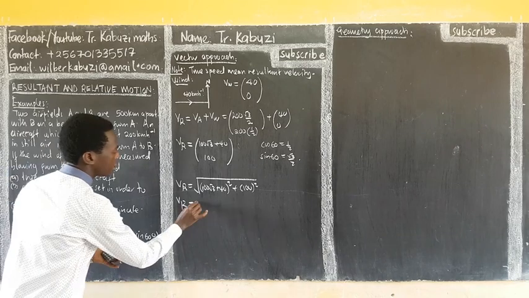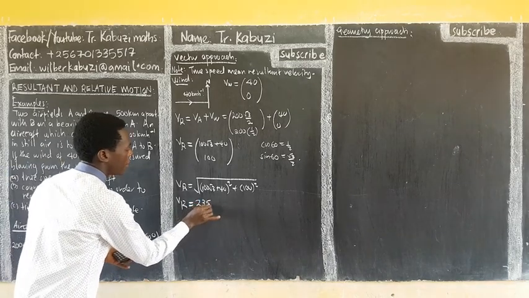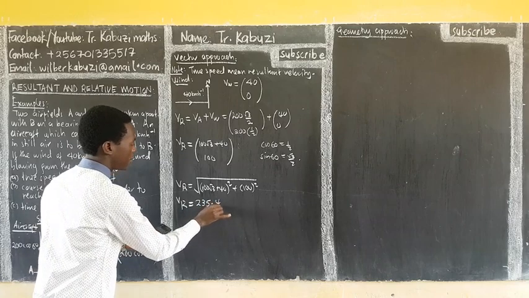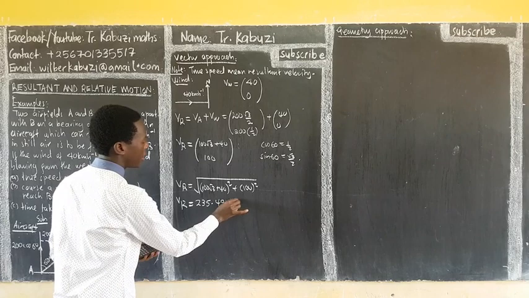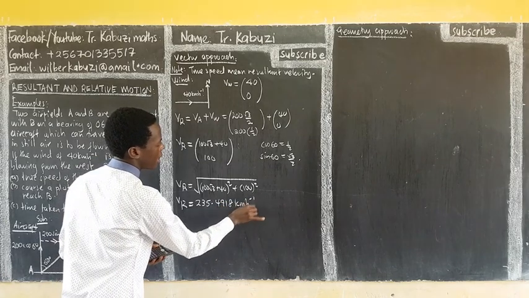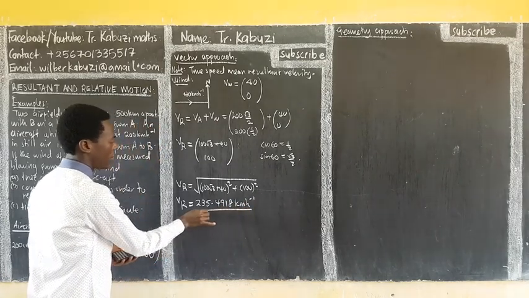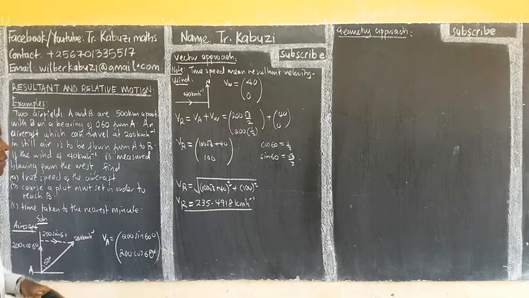So here I'm getting 235.4918 kilometers per hour. So this is the true velocity of the aircraft.